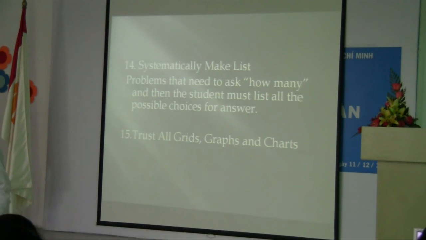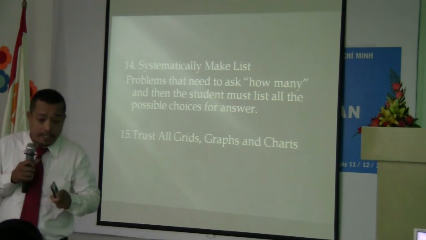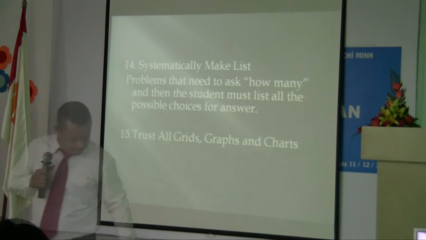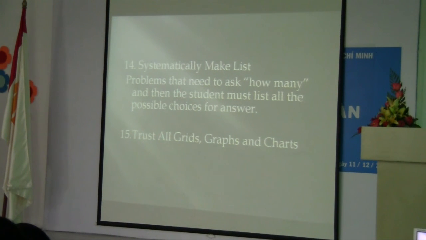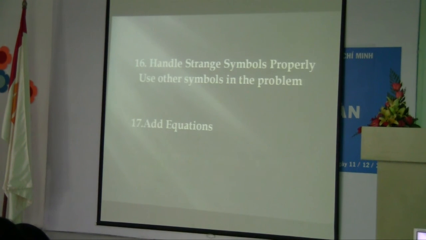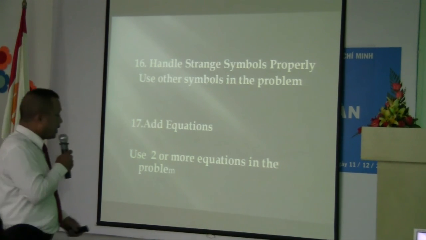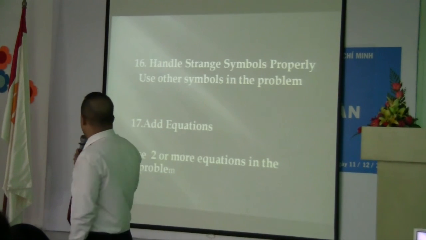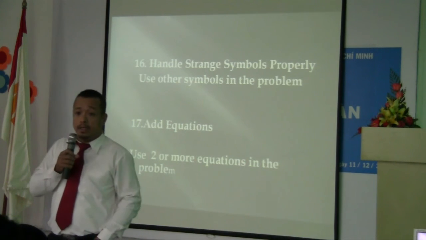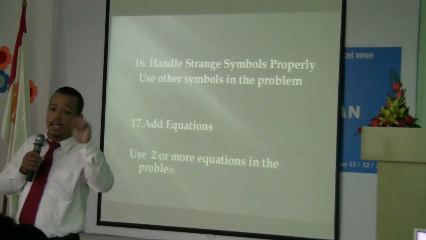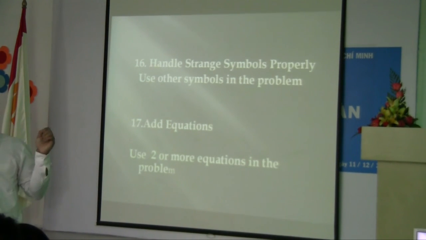Systematically make a list. Look at example number 14. Using grids in number 15. And the last two: handle strange symbols properly, or introduce another symbol in the problem, like a square, asterisk, or star.